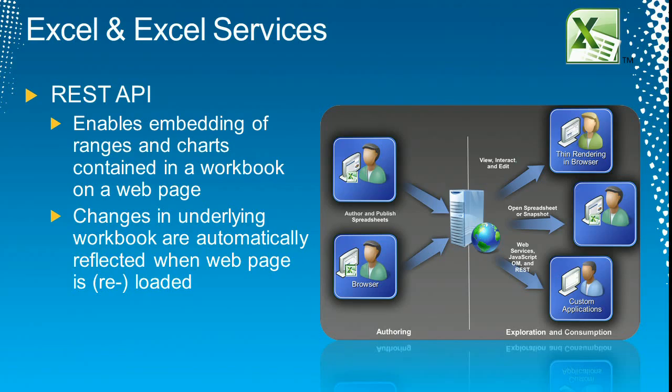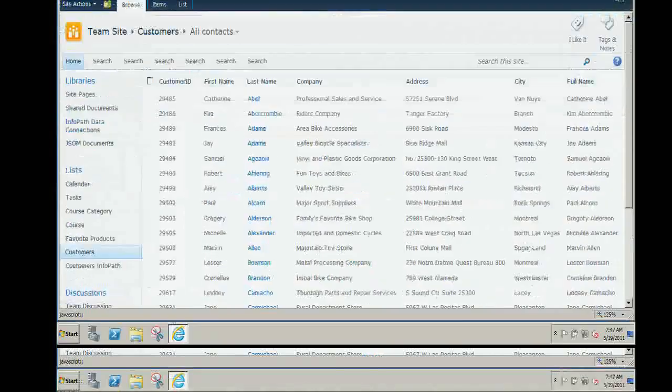If there are some changes that are made to the underlying workbook, it's refreshed real time, and so you have up-to-date information on the web page. So this Excel services scenario, as long as you have the E3 and the E4 plan, it will continue to work in the same way as it worked on the on-premises environment. So let's go ahead and take a look at a demo on this.